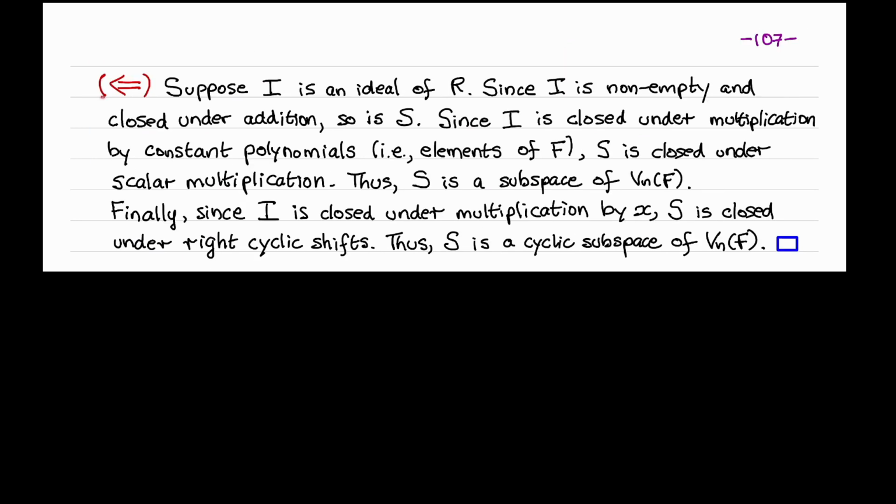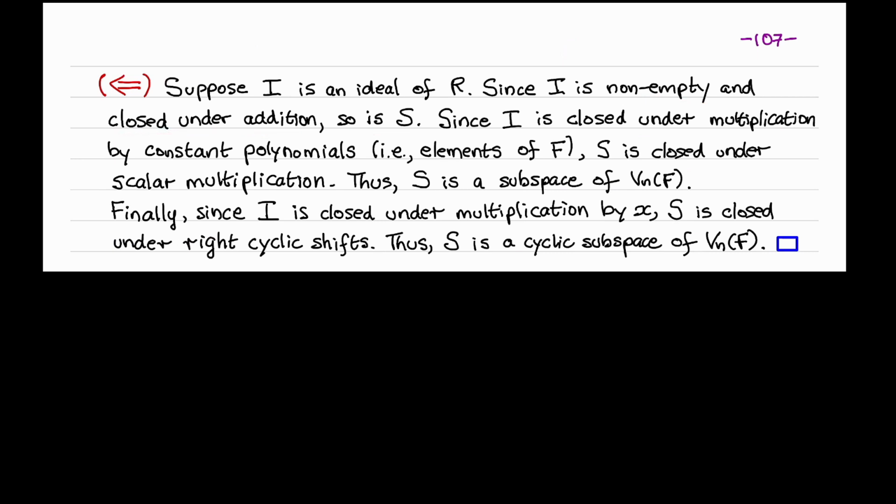Next, we'll prove the converse. So suppose that I is an ideal of the ring, and let S be the associated vectors in the vector space. First, since I is non-empty, S is also non-empty. Secondly, since I is closed under addition, S is also closed under addition.